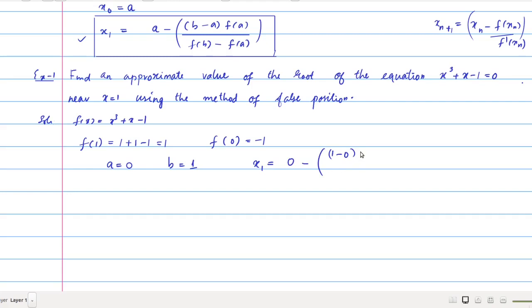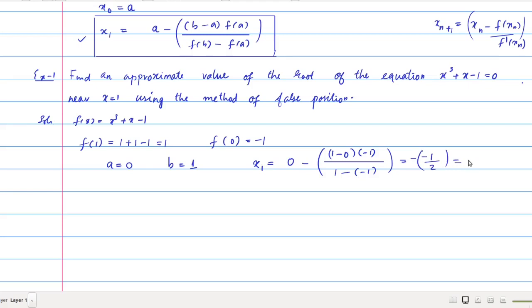Then f of a is minus 1, divided by f of b minus f of a. f of b is 1, f of a is minus 1. So 1 minus of minus 1. That will be bracketed. So that will give 0 minus 1 into minus 1, that is minus 1 itself, divided by 2.